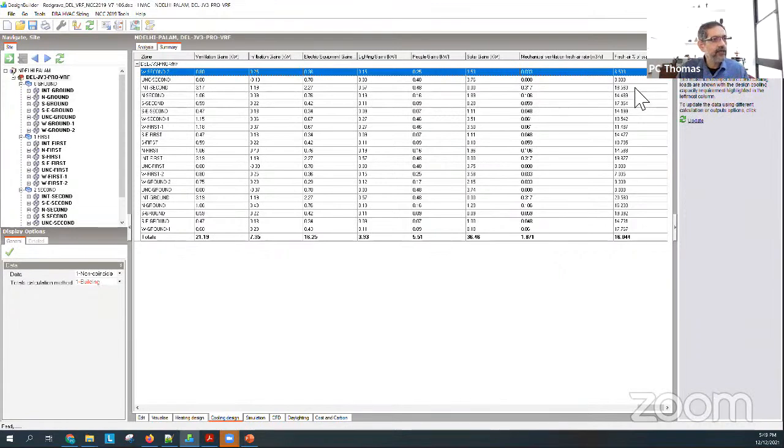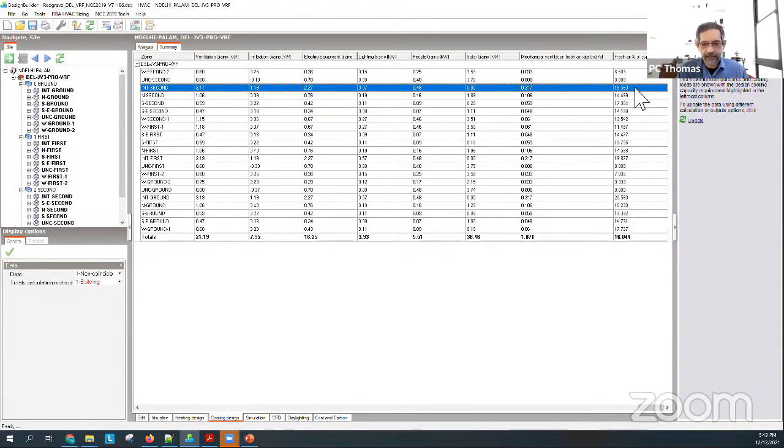If you look at some of the higher numbers, they'll be for the interior zones, because in the interior zones there's less load. When there's less load, you require less air, and a larger component of the supply air is outside air. So there's quite a few things going on for that.